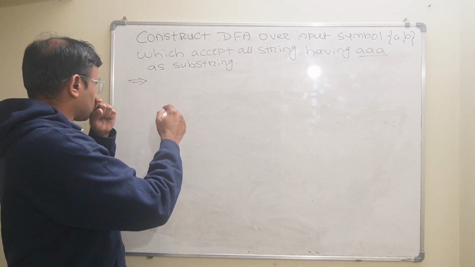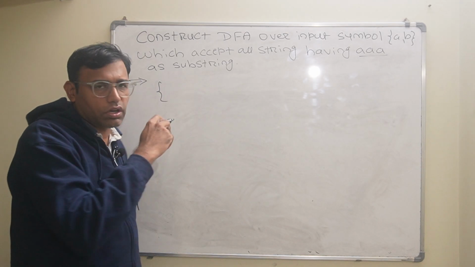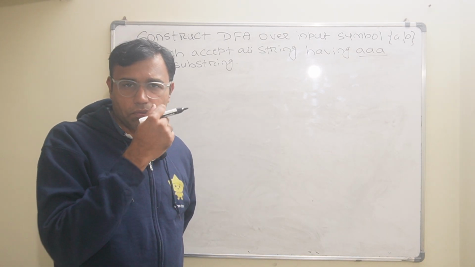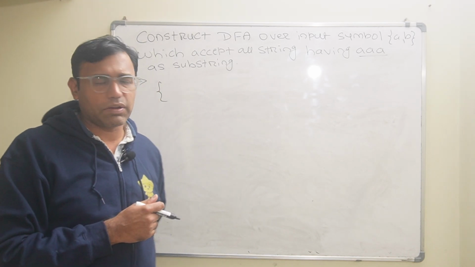So first of all I will write the possible strings which contain AAA as a substring, and then we will construct the DFA for the same.